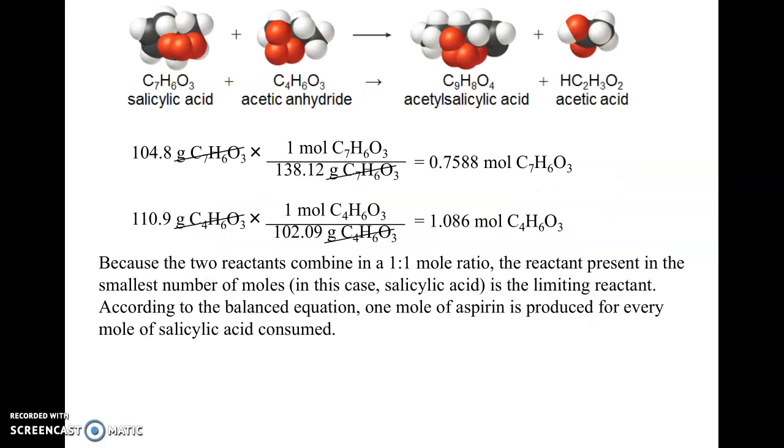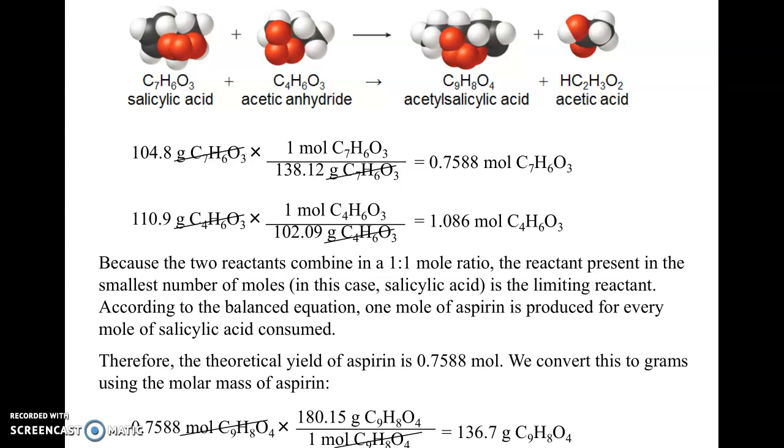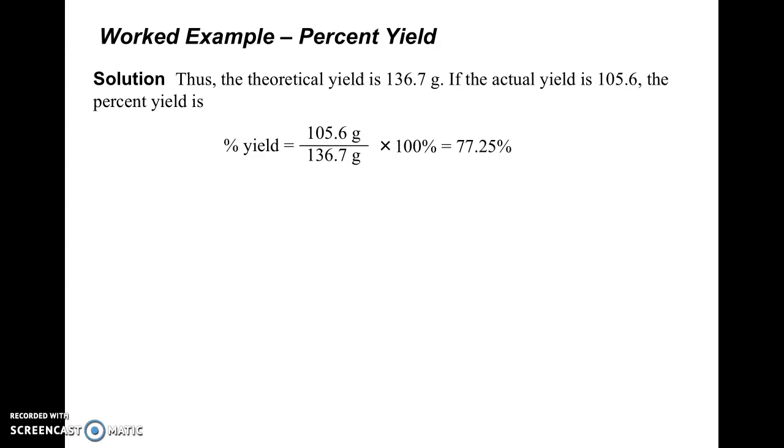And so you convert these to grams, and then you take that mass that you should get and turn it into grams, and you compare it to the 105, and you see it's only a 77.25% yield. Remember that your percent yield should never exceed 100%. If it does, you're measuring something else.